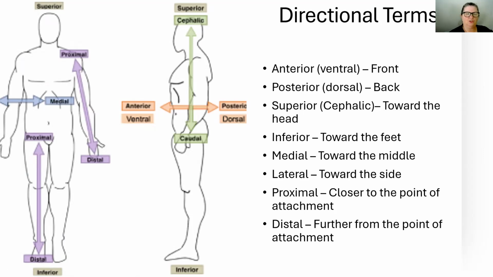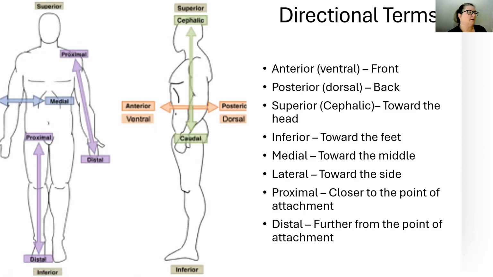For instance, medial may mean towards the middle of the body. But if you're talking about the arm, the medial side of the arm is towards the inside of the arm, what I like to call the pinky side.